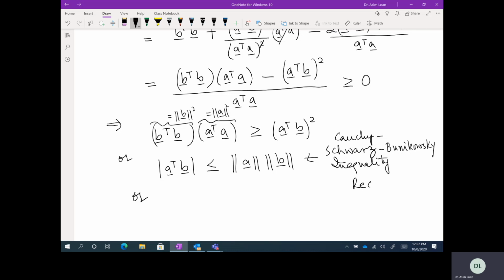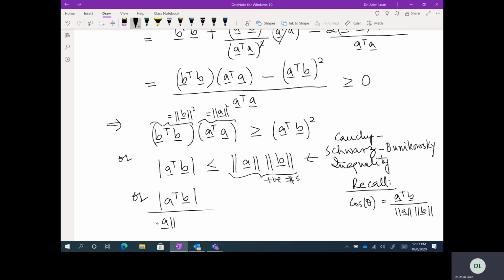Recall cosine of theta is equal to A transpose B divided by norm A norm B. If I divide both sides, these are positive numbers, so I'll get magnitude of A transpose B over norm A norm B. This inequality is not going to change, because these are positive numbers.